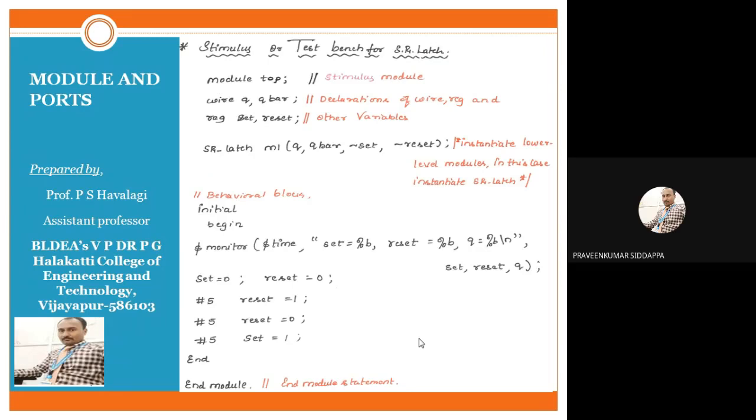But next, after 5 time units, reset changes. Whichever inputs you have mentioned for that pattern, we will get the output. Next I have written #5 set equals 1. So serially you should add all the delays.